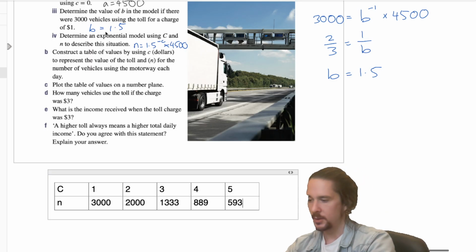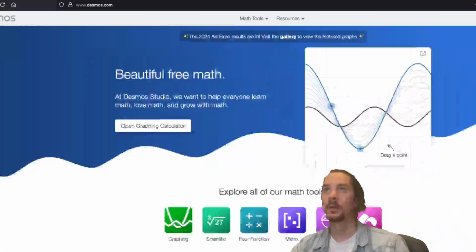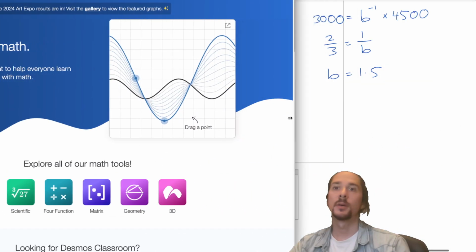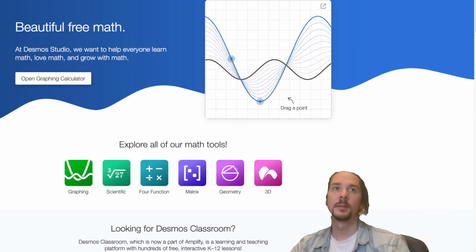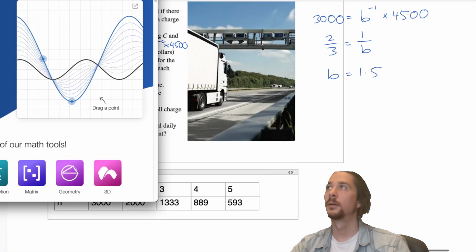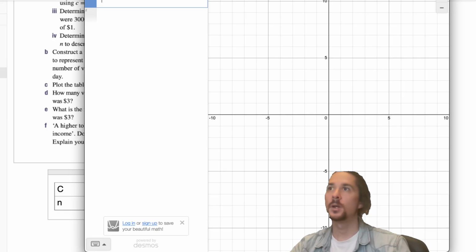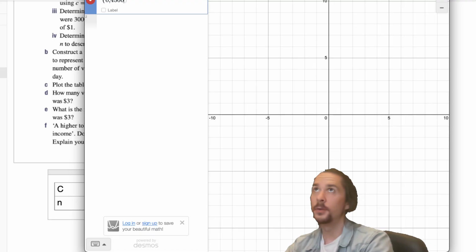All right, so this is a question that is appropriate for Desmos. Let me try to resize this. Okay, so we have the point 0, 4,500.